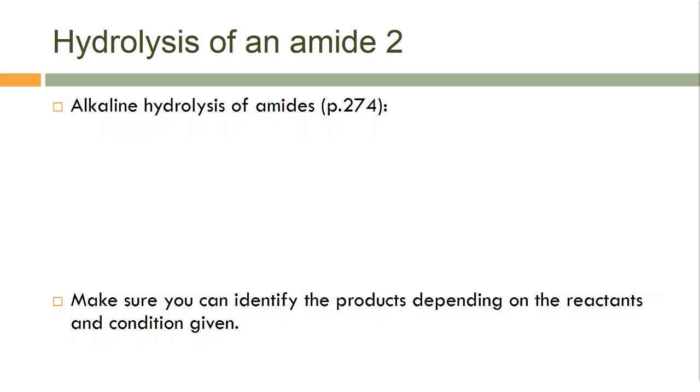So in the exam question, you could get any sort of amide, and it could be saying acidic condition or with a lot of base in it. Depending on that, you need to be able to draw the combination of carboxylic acid and protonated amine, or carboxylate ion and amine.